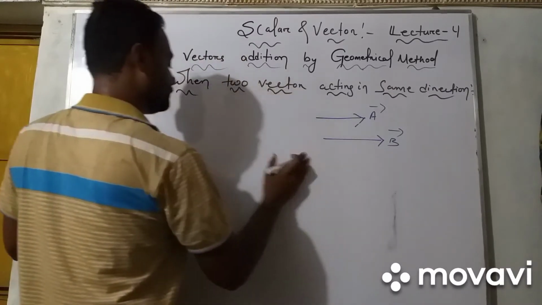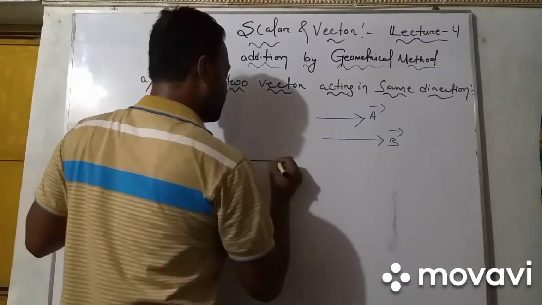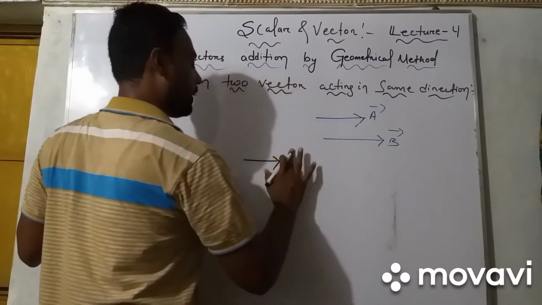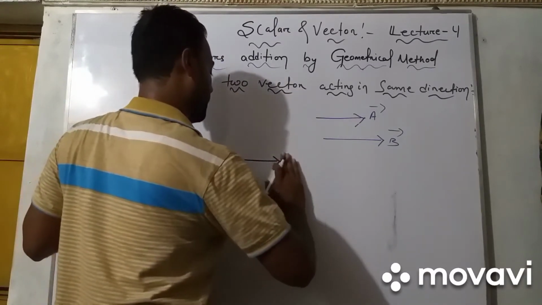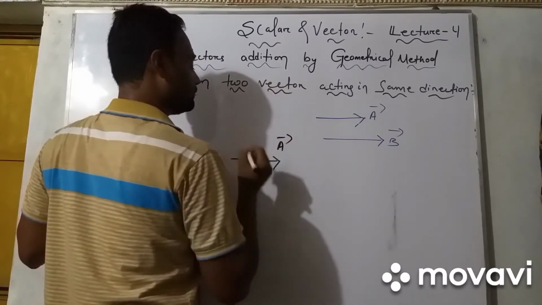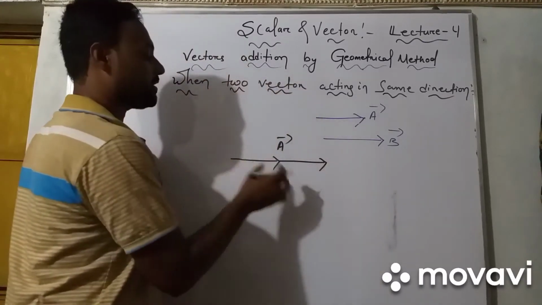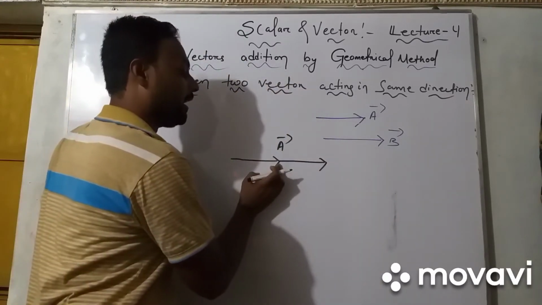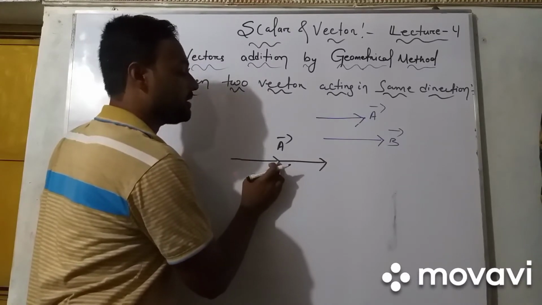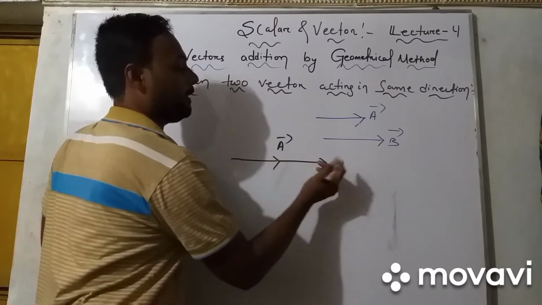According to the general rule, as we know, suppose this is a vector, and this is b vector. According to the general rule, the head of the a vector is connected to or coincides with the tail point of the b vector.